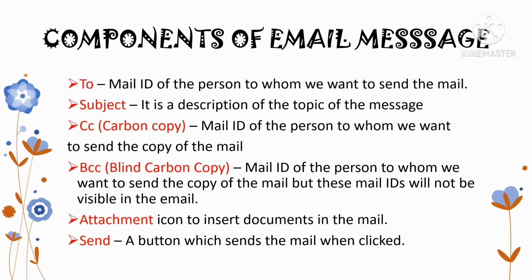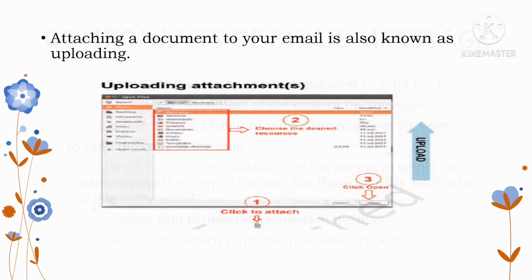Then we can move to the next slide. Attaching a document. When you attach a document to your mail, it can be any picture or any Word document. Attaching a document is known as uploading.